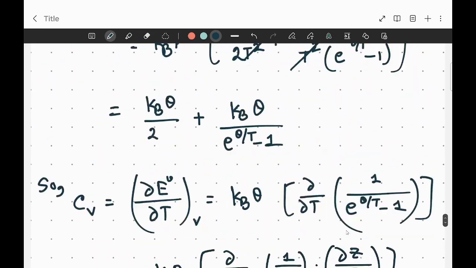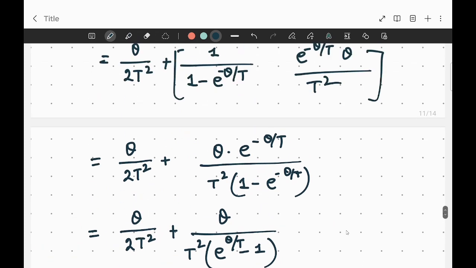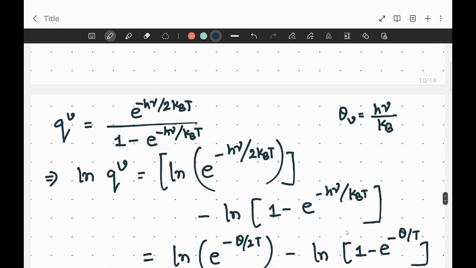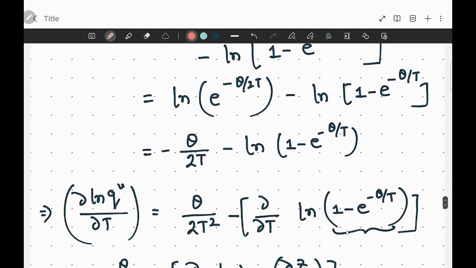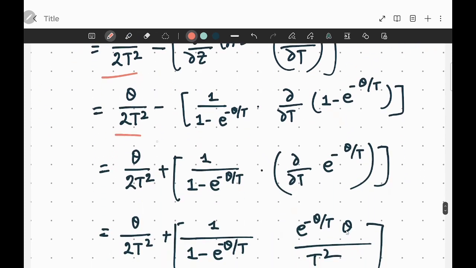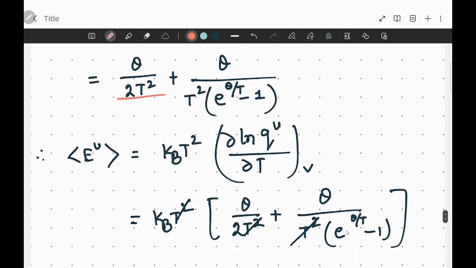So you can try considering the definition where the ground state energy, the zero point energy, is 0. Then what will be the difference? If you consider, let's say, QV will be 1 by 1 minus e to the power minus theta by kBT, then obviously this first term, the theta by 2T square term, will not be there, so it will be 0.